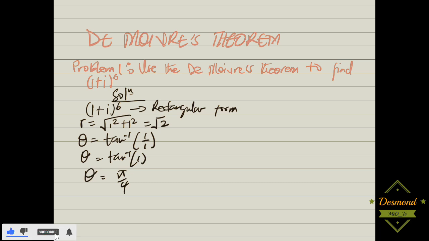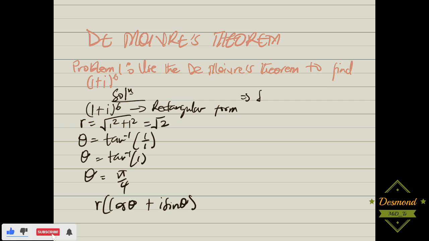Now, when we are done with this, we can go ahead and write our answer in polar form. The polar form is r (cos theta + i sin theta). We know r, we know theta, so let's write our answer in polar form.